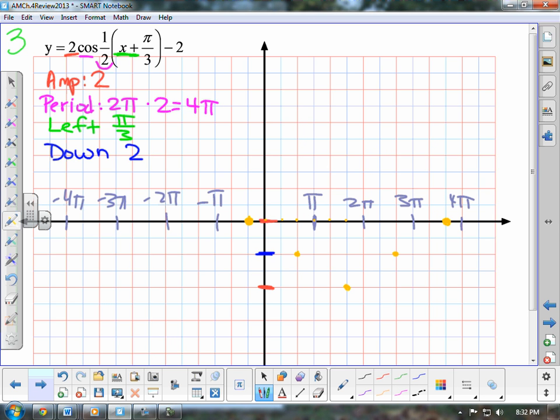Now that we have one cycle drawn, we can complete the rest of it. And there we have cosine. Drawn.